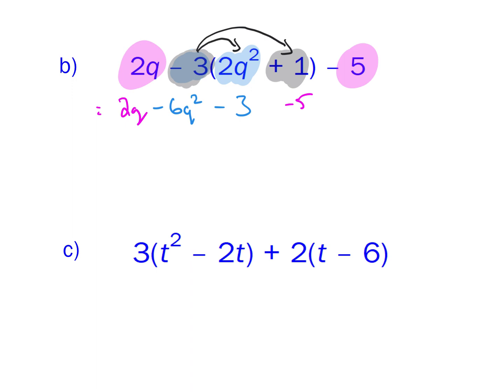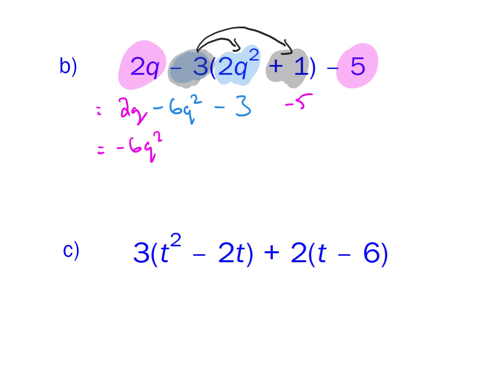Now, if we want to live on that wild side twice again, we can just rearrange this and go from there. Now, when we rearrange it, let's put the q squared term first, because we always write the term that has the highest degree first. So that is minus 6q squared. And there's no other term with q squared in it, so it doesn't change.